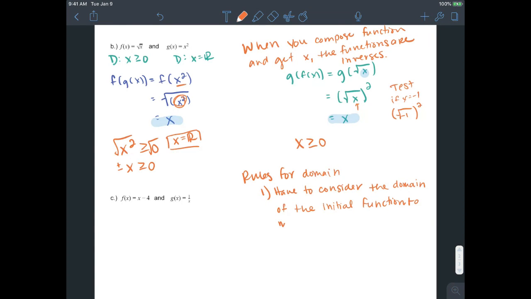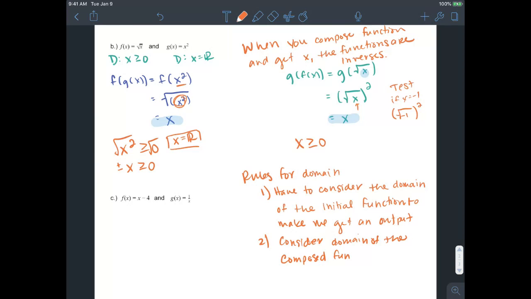So to make sure we get an output, next we're going to consider the domain of the composed function.